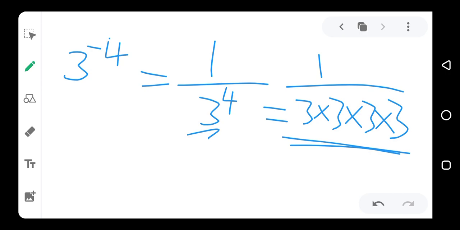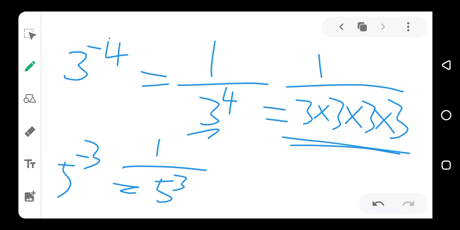5 raised to power minus 3. In the same way, the first thing to do is to convert the minus to positive. And for us to do that, we write 1 over the number raised to power positive. That is 1 over 5 raised to power 3. Now the 3 will not have any negative.